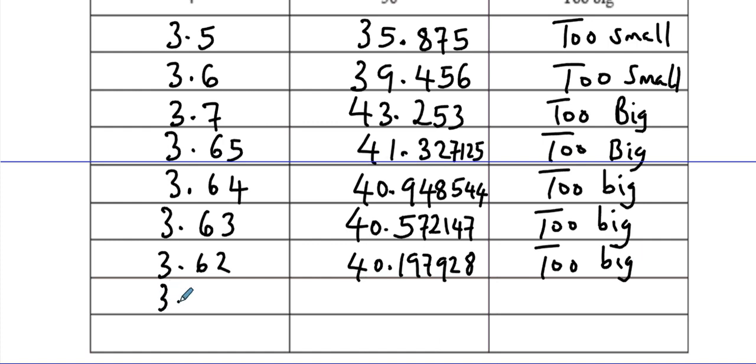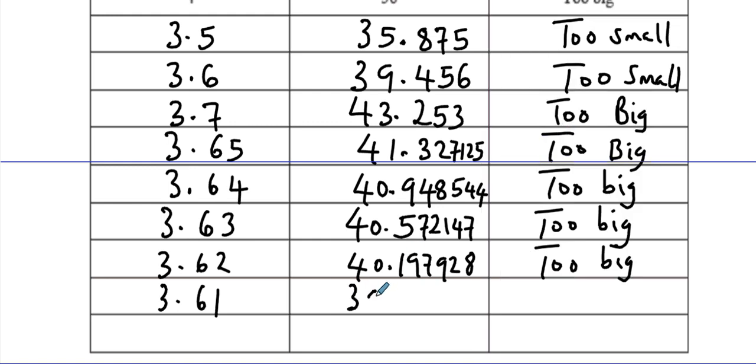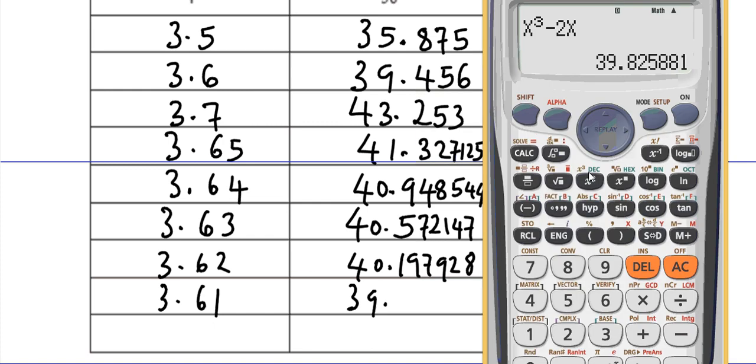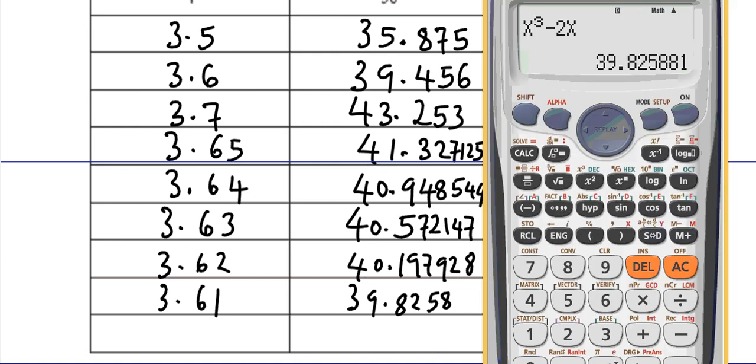And then try 3.61. 3.61 is equal to 39.8258, and then 81.